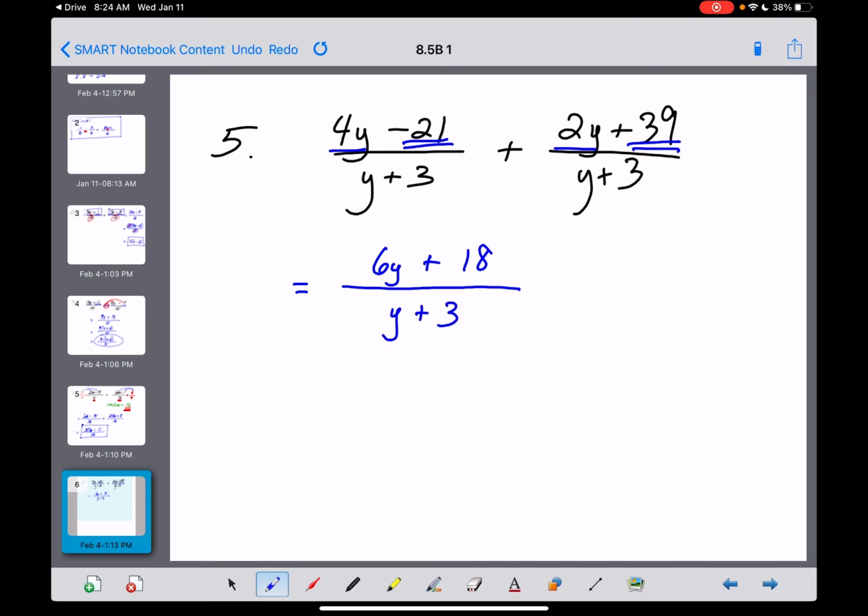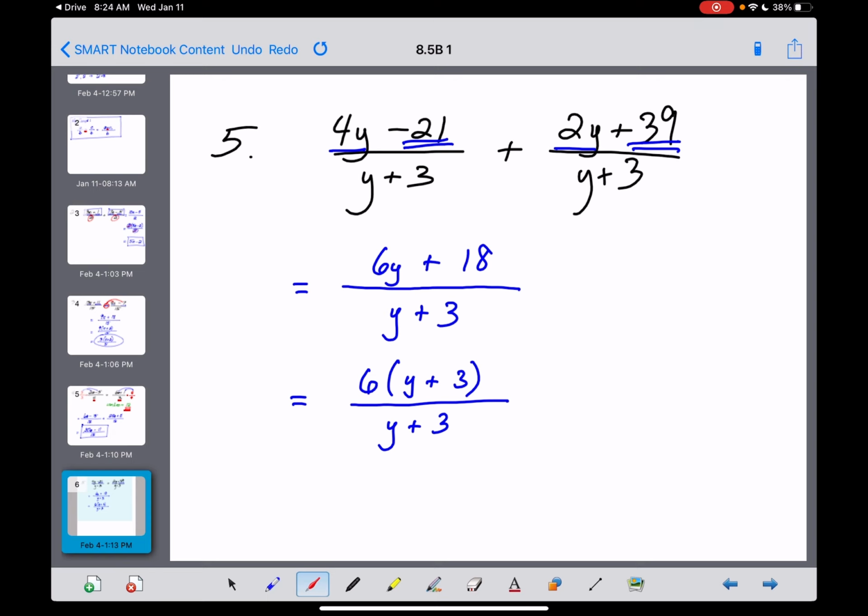And in some cases, you'd be done right here, but you always need to ask yourself, can I factor anything? And if so, can I cancel there as well? Well, in this one, I'm hoping you guys see it. Up in the numerator, we can pull out a GCF of 6, and that's going to leave us with y plus 3. You can't do any factoring in the denominator. It's just y plus 3.